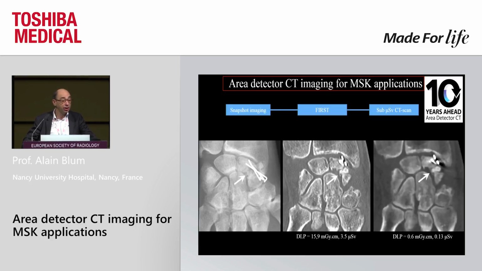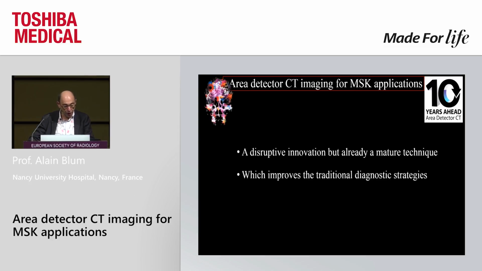Of course, the image quality is not as good as a standard one, but we get all the needed information, and this technique might probably be used in the near future to replace standard CT scan. It will probably, once again, modify the diagnostic strategies.